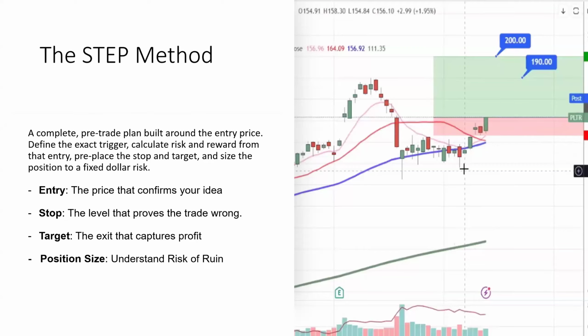Does anybody remember the specific rule we created last week for entry on a swing trade? 5 to 10% above, right? 5 to 10%, Woj.